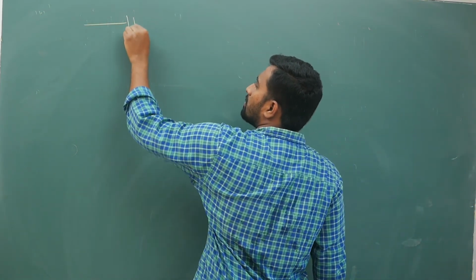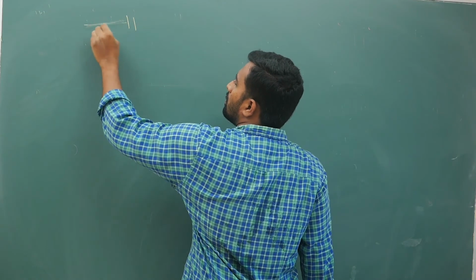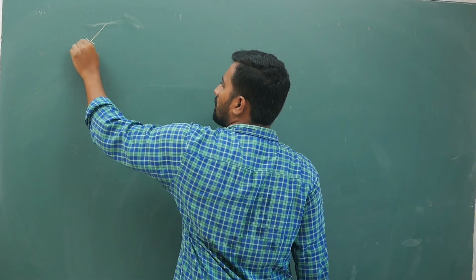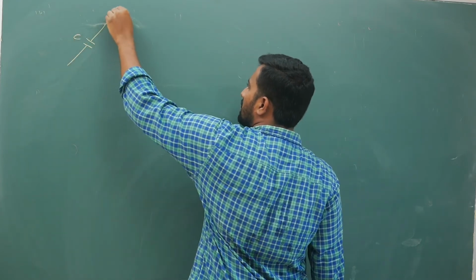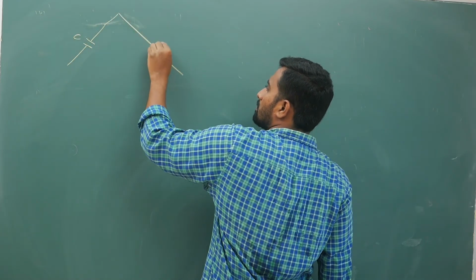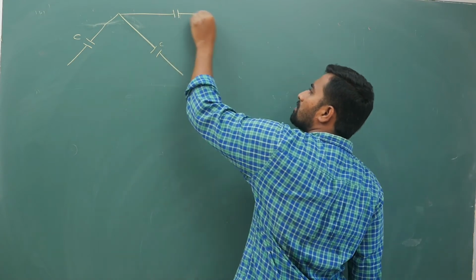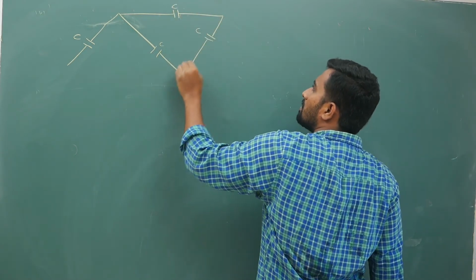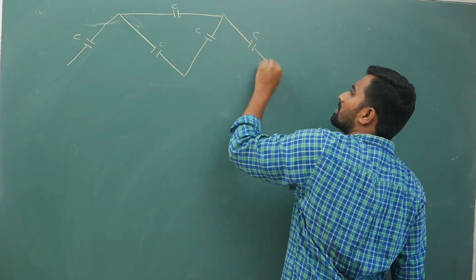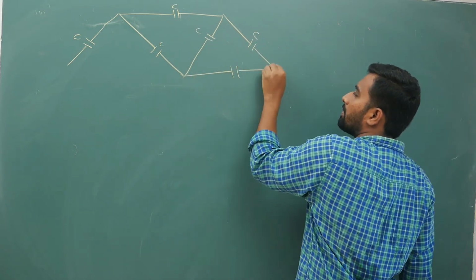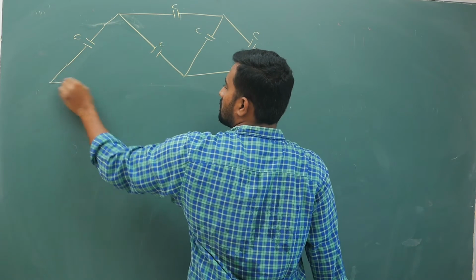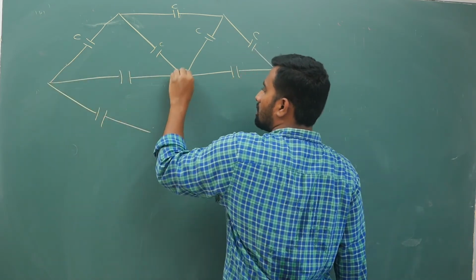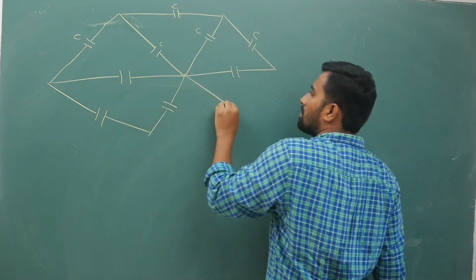So now if you are taking your hexagon, I will add the bottom part as well. So this is your capacitance C, this is your capacitance C, and so on for each of the six sides.